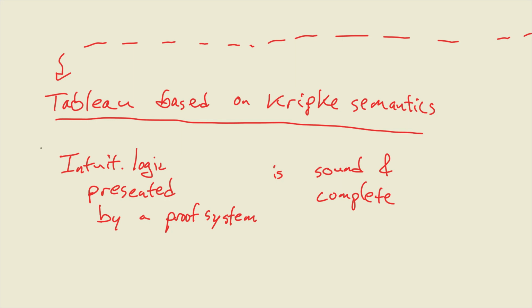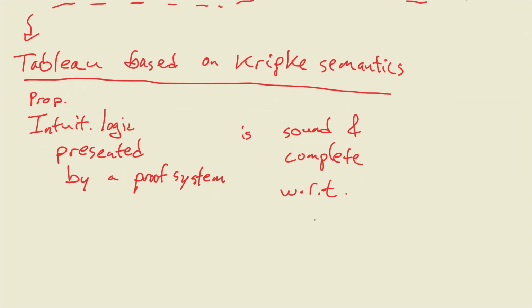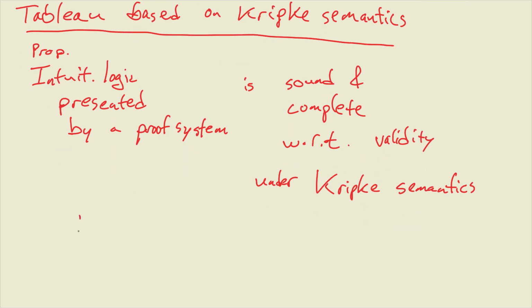We're talking about propositional intuitionistic logic here. It is sound and complete with respect to Kripke semantics, with the formulas that are valid under Kripke semantics, validity under Kripke semantics.